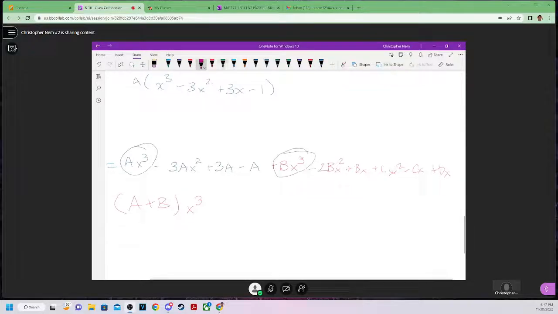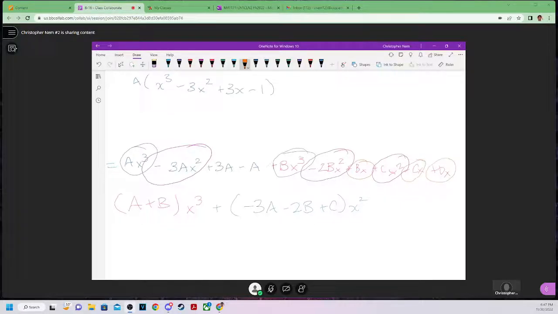And then for the next one, the x squared terms, this has x squared, this has x squared, and that's it. So the next term is going to be plus negative 3a minus 2b plus c, all times x squared. I'm just adding like terms. And then I go with the single x's. This guy, this guy, this guy.